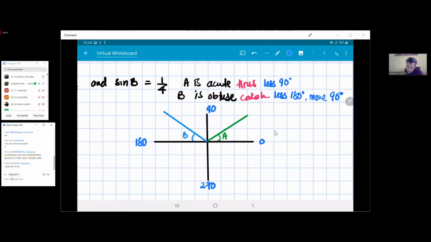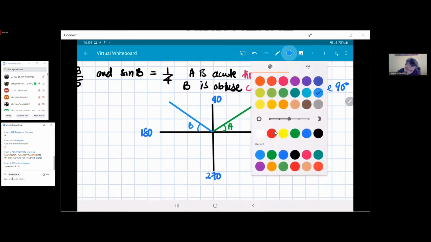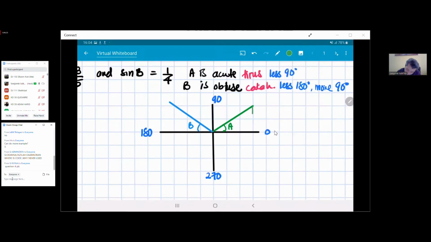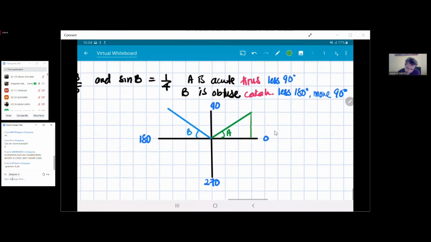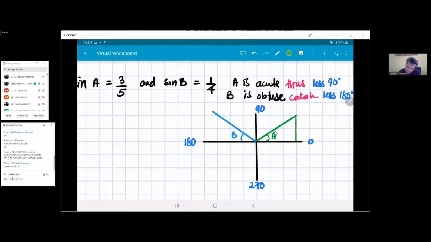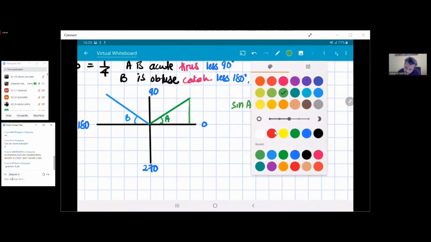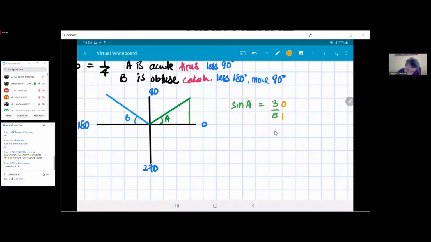Now what we have here is, if I complete this diagram, I get a triangle here. So for A, dikata sin A is 3/5. Remember your SOHCAHTOA? Sin is O over H. Going to your triangle, I hope you understand where O and H are.